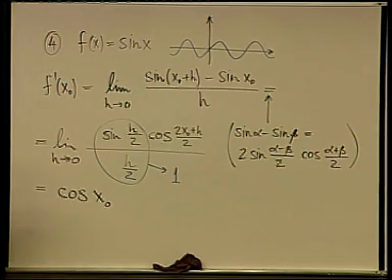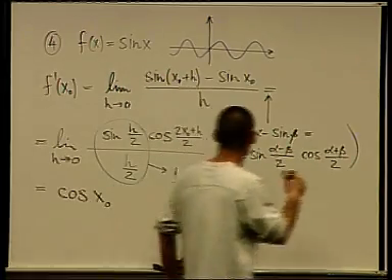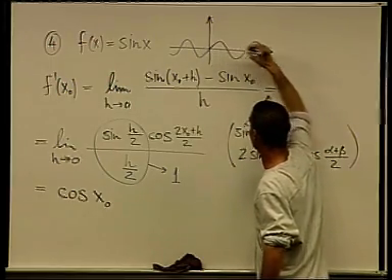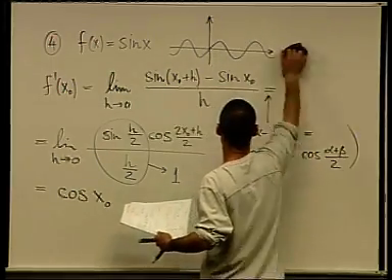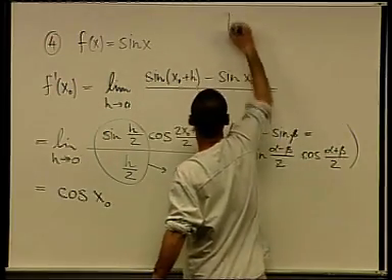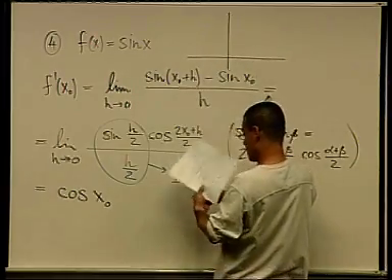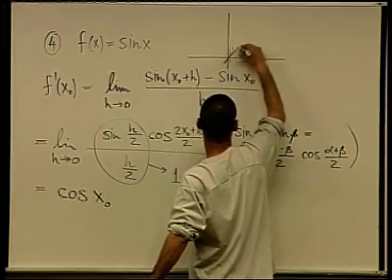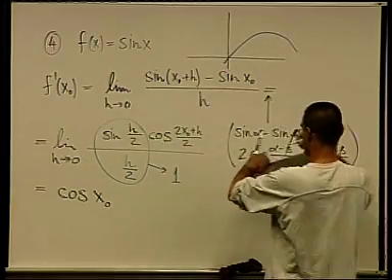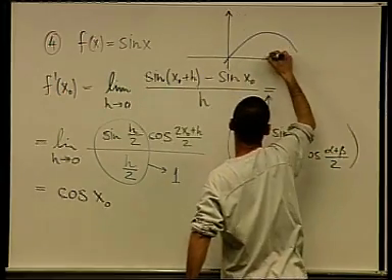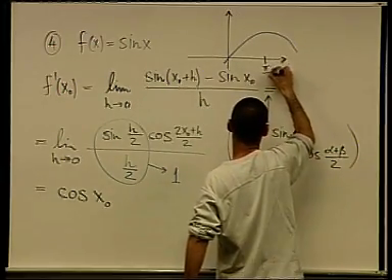Good? Everybody? What does it mean that the derivative of sine is cosine? Well, geometrically, for example, what it means is that if you look at a point, let's make a bigger drawing so we can see it more clearly. Here's sine zoomed in. And suppose we look at the point pi over 2.